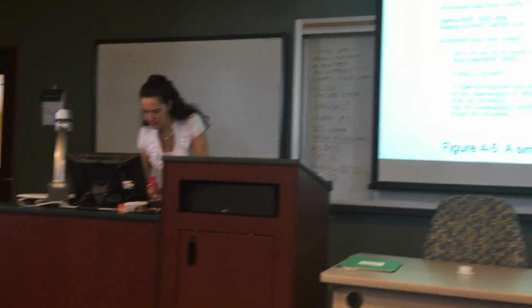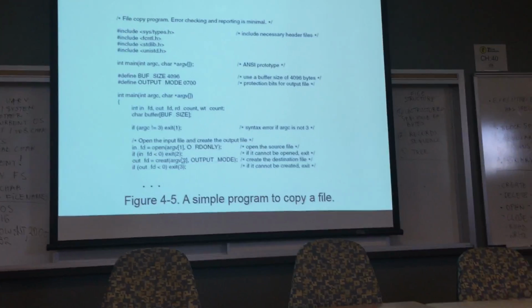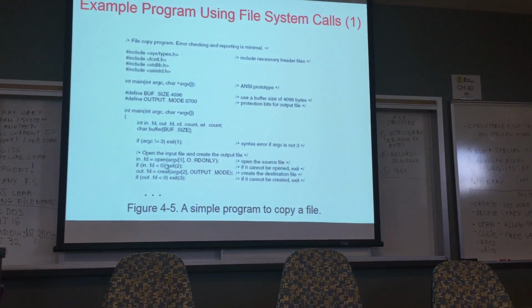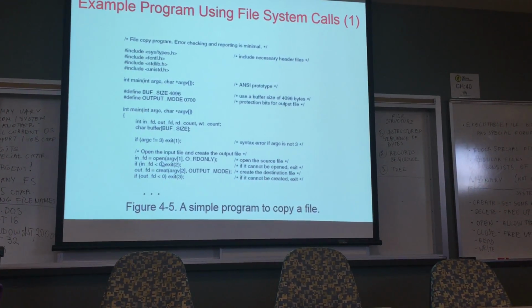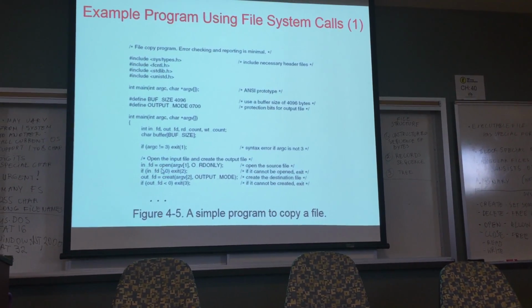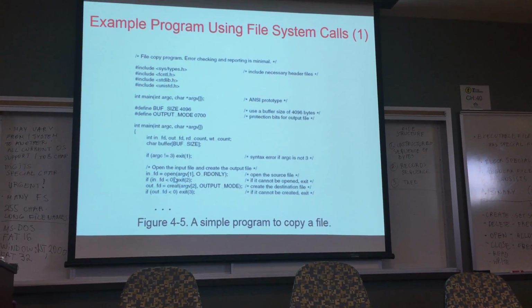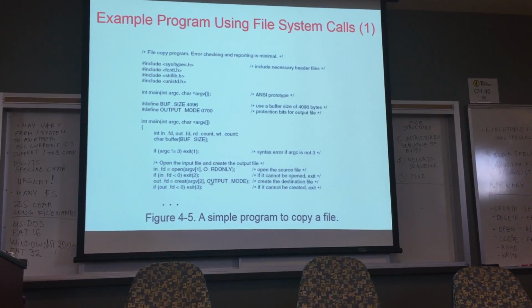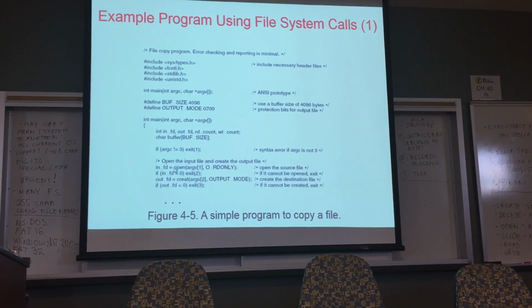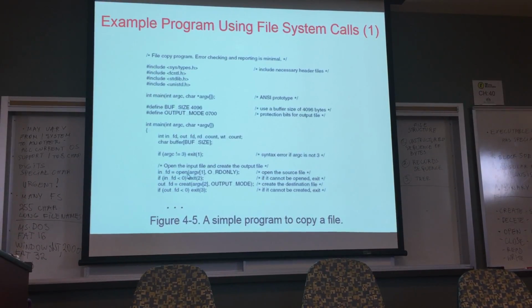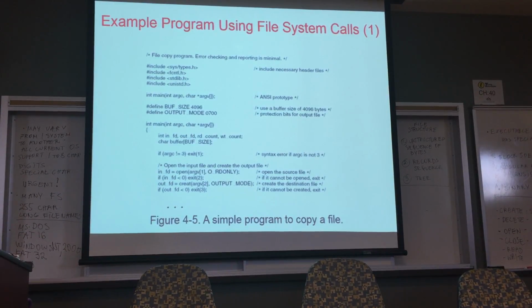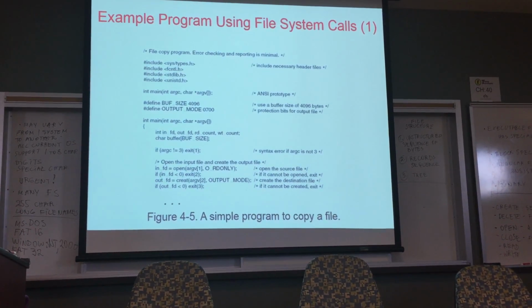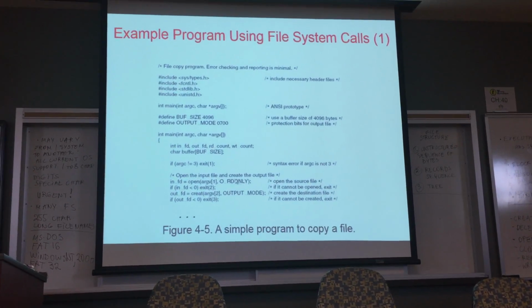So if we look at some code here, which is trying to manipulate files, it opens a file. When we make this call open, we are doing a system call. So when we try to open the file, this program stops its user mode operation and the system call open is initiated and we trap into the kernel.